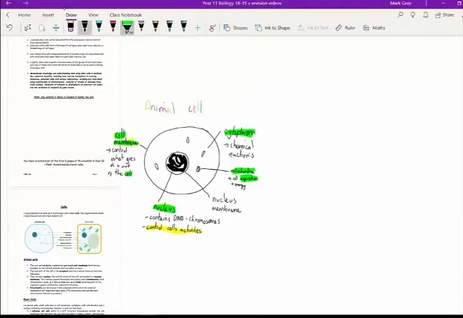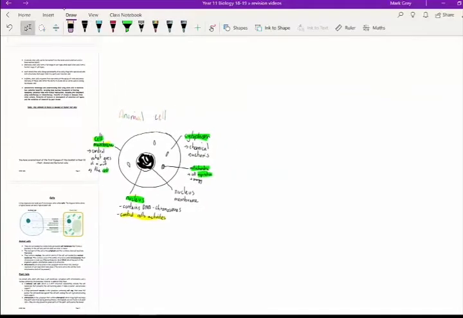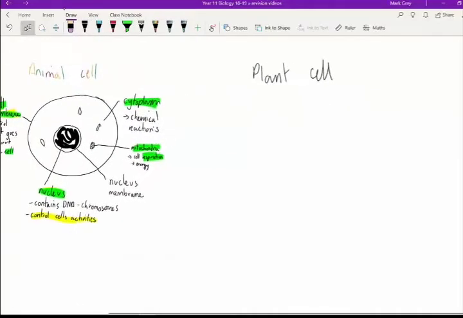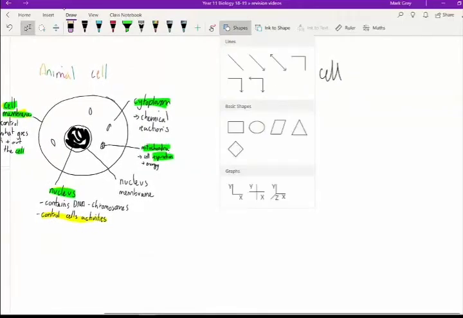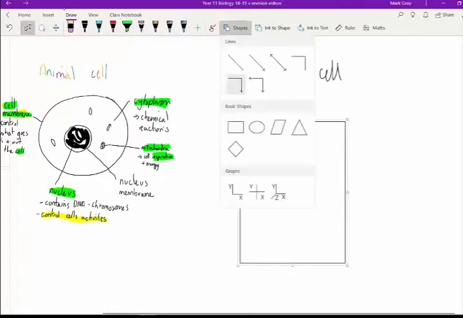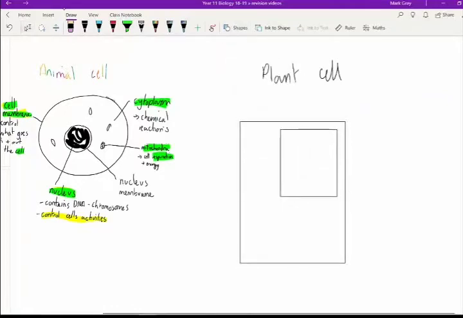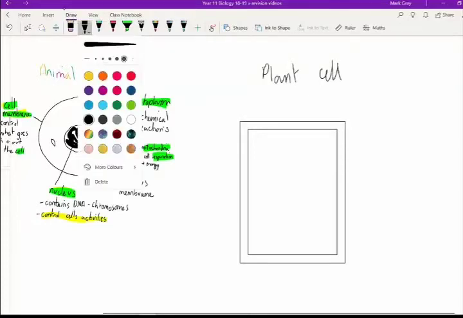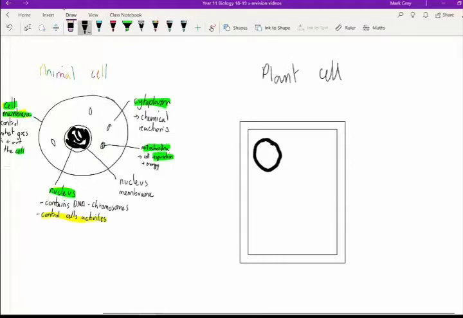The next one we need to have a look at is the plant cell. Now, for the plant cell, let's draw a little rectangle, because that's sort of what it's like, and keep it nice and tidy. It's got another rectangle in like that. Usually it's a bit more rounded than that, but this is just a fairly quick way of drawing it. As well as that, we have also got a big black nucleus in there.